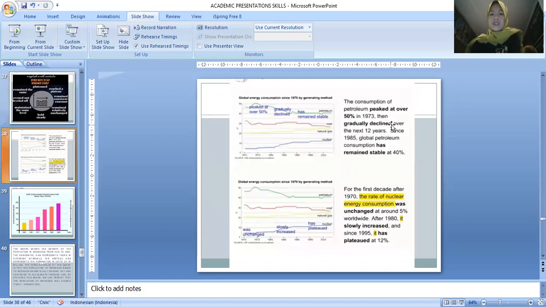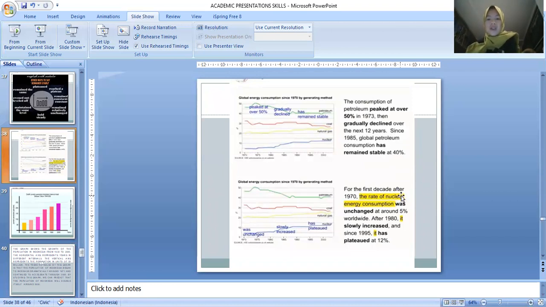And then these are the examples of describing the trends in a line graph. The consumption of petroleum peaked at over 50% in 1973, then gradually declined over the next 12 years. Since 1985, global petroleum consumption has remained stable at 40%.